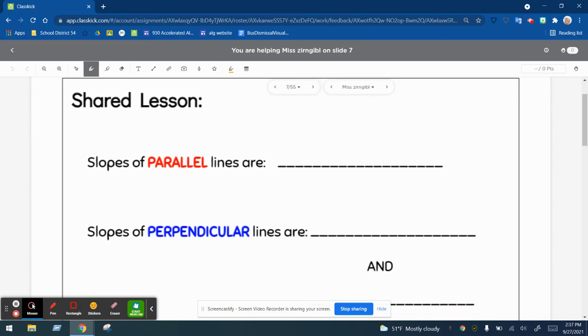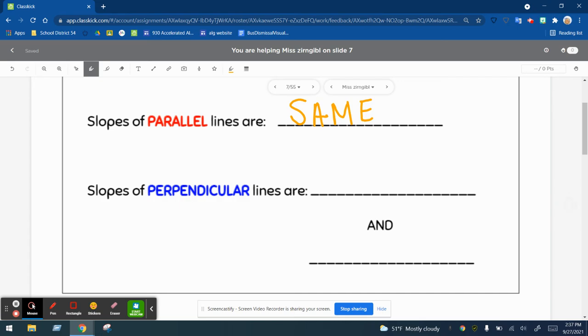So the slopes of parallel lines are the same, right? We had 2 and 2. They never touch. The slopes of perpendicular lines are opposite. One was positive and one was negative. And they are reciprocals, which basically means the fraction flips upside down.